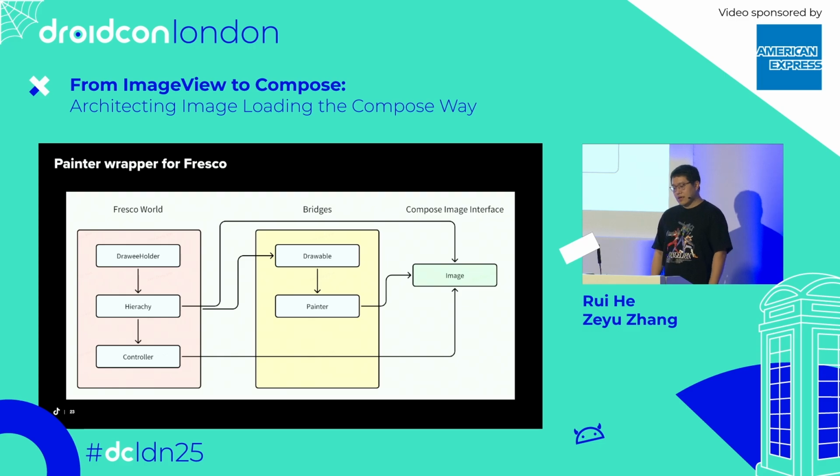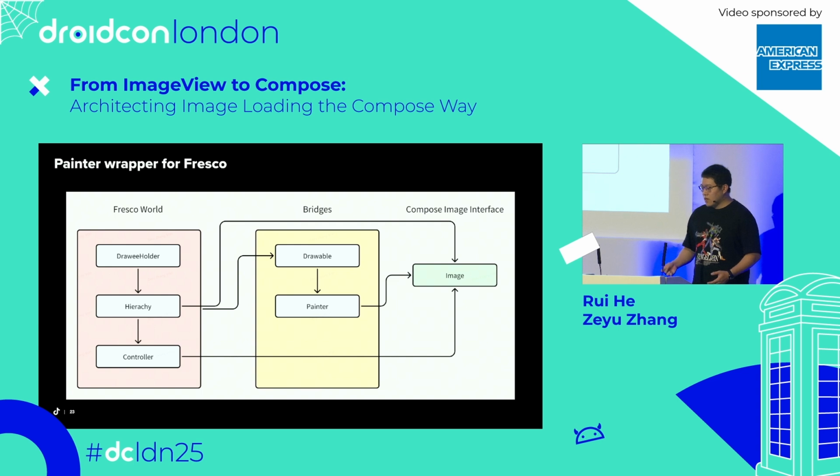So they inherently have something in common, because drawables and painters are both required to provide an intrinsic size and some way to draw. Only that drawables are stateful, while painters are stateless, and their API signatures are totally different. But anyway, we can find a way to bridge them.